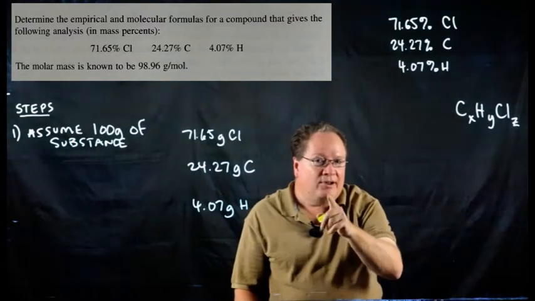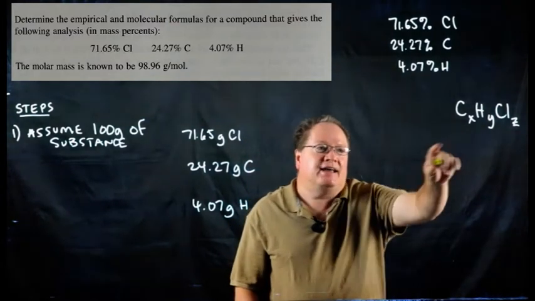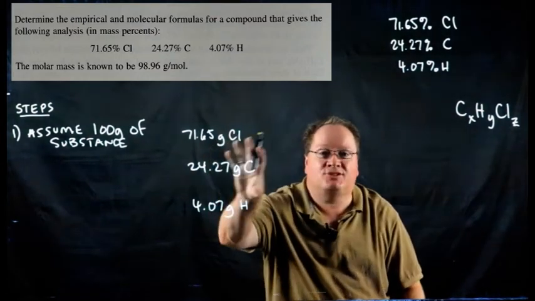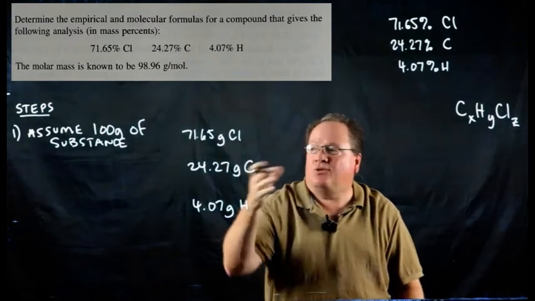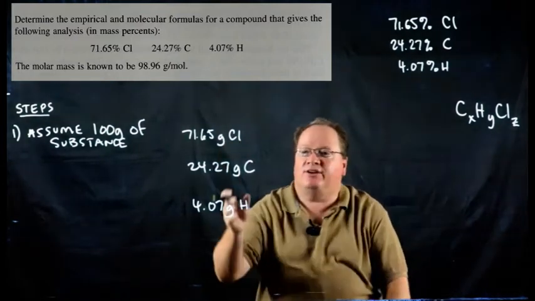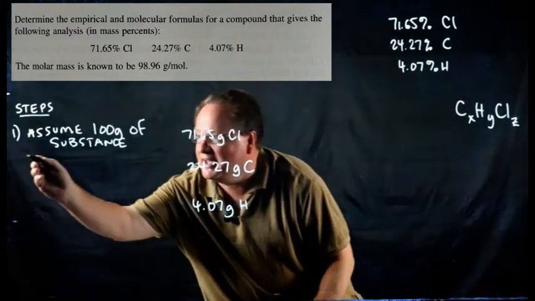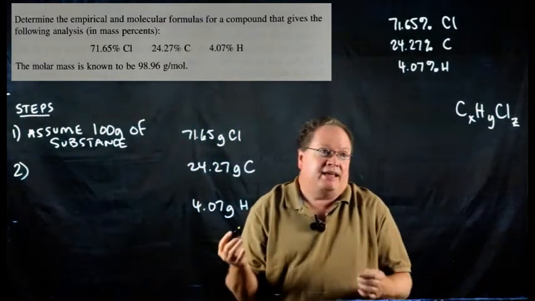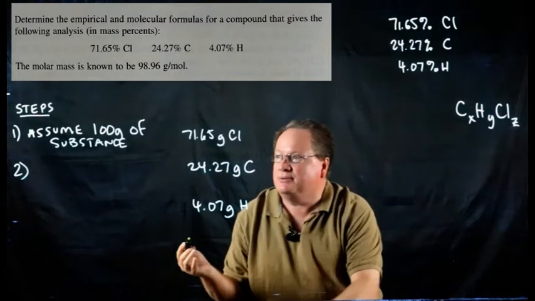Now remember, I told you guys that X, Y, and Z are mole ratios, not mass ratios. So what do you think the next step's going to be if I know the number of grams of each substance that I have, but I know I need to have these in moles to make mole ratios?